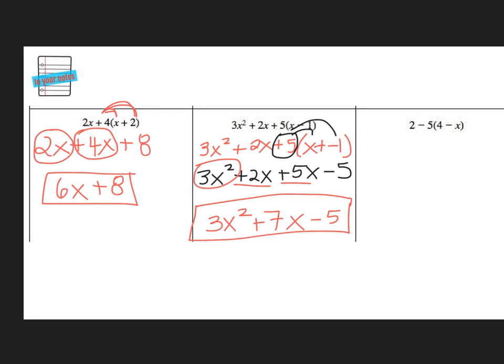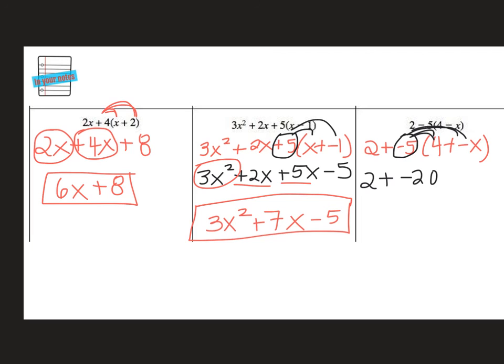And our last problem here. Again, wherever I see a minus sign, I want to go ahead and start by making this a plus negative. So we'll make this minus a plus negative 5 and a 4 plus negative x. Now as I look at this problem, I have a negative 5 that's being multiplied through. So we've got our 2 out front, plus negative 5 times positive 4 is negative 20.